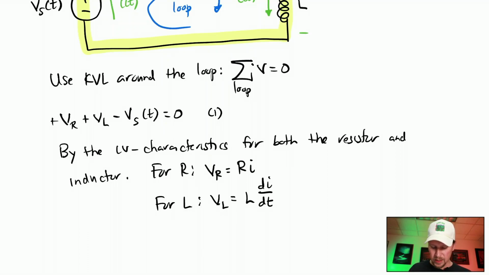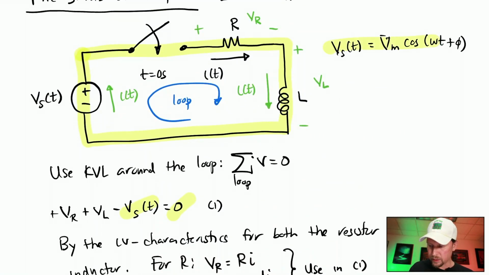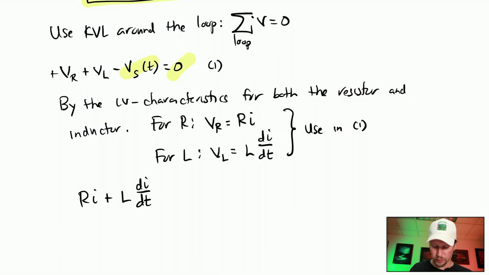So both of these I can use in equation 1, and I can rewrite that equation in the following manner. I have R times i plus L di dt. I can then add this to the opposite side, as well as use the definition for the sinusoidal source, combine that into one step, and what I get is that this is V m times the cosine of omega t plus phi, like this.